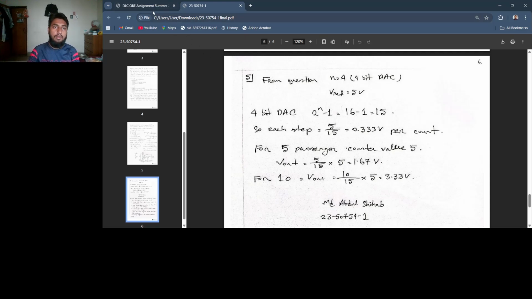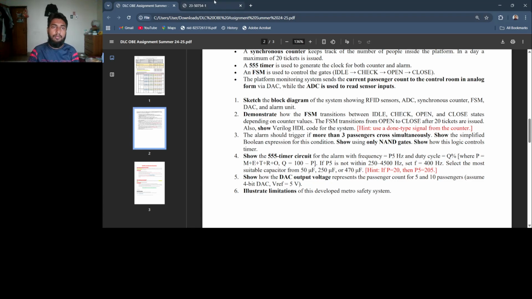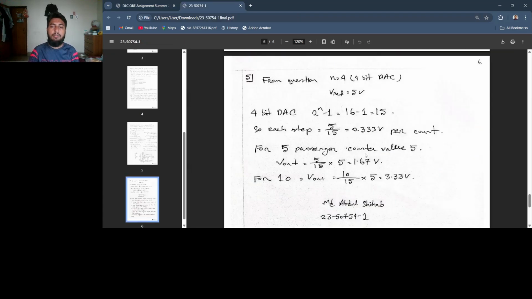Now for the 5 passenger counter, my value is 5.